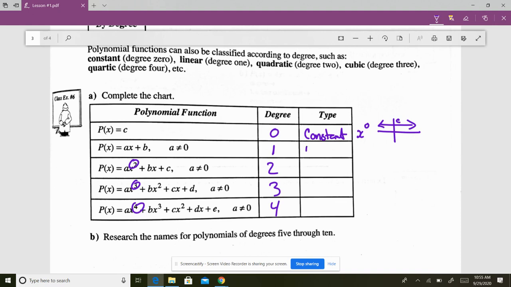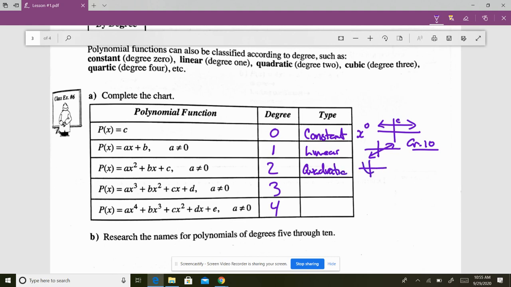Linear. And so that's your grade 10, that kind of stuff. What about the next one? Quadratic, which is grade 11.